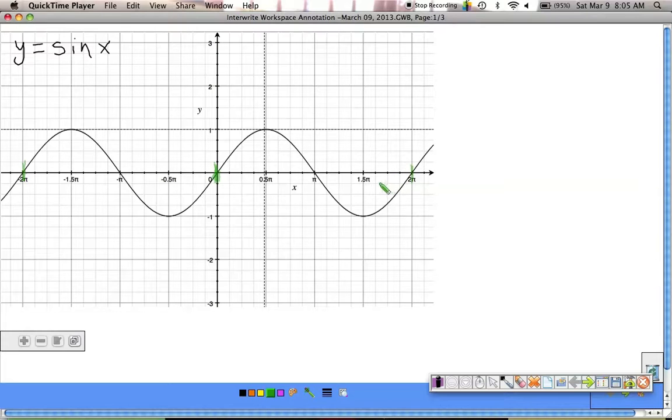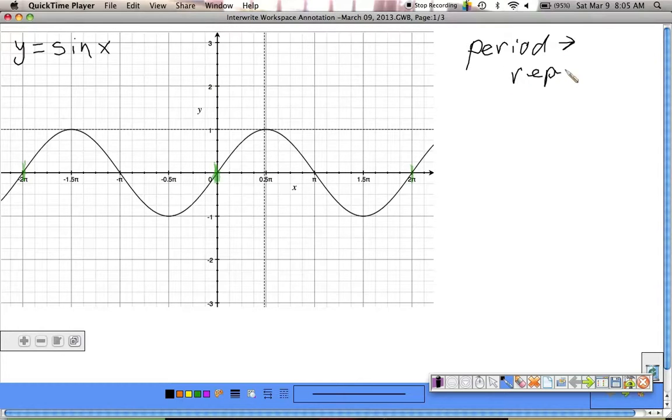That's called periodicity. This wave is periodic, and what that means is it repeats. The period of a wave is the length of the repeat, the horizontal length of the repeat in this case.